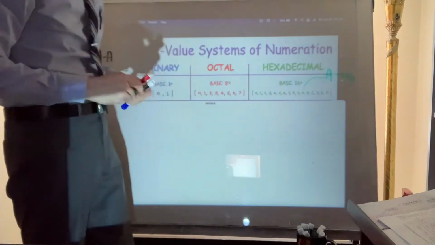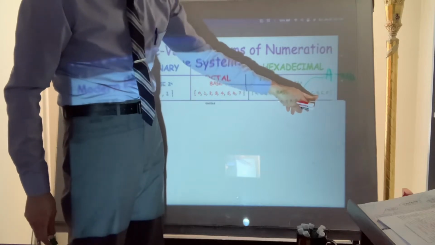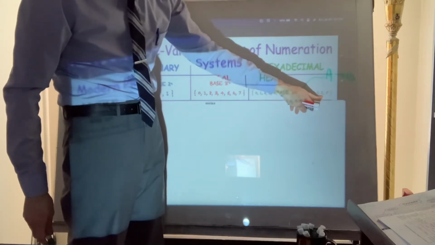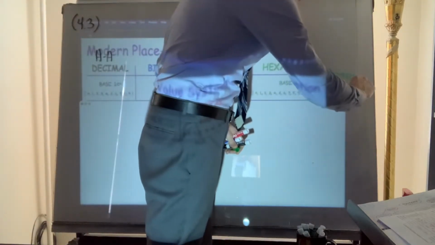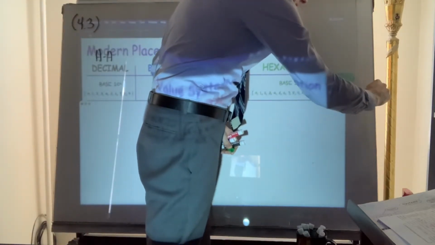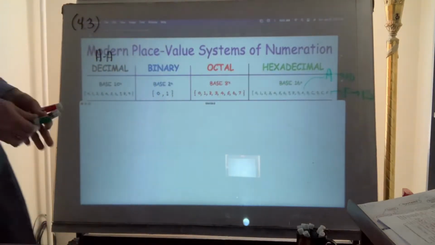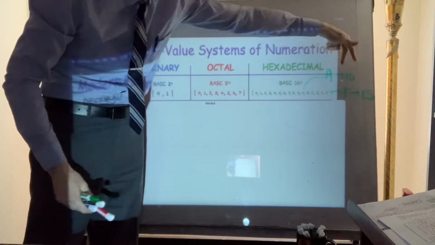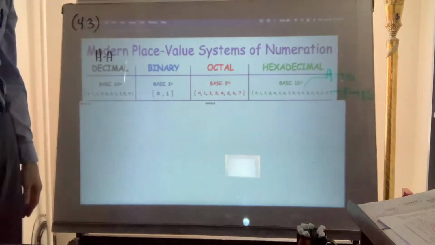B would be 11, C would be 12, D is 13, E is 14, and F is 15. So in the set, you're not going to see anything higher than 15. It's just efficient to have one character rather than two to represent the amount of something. Okay?